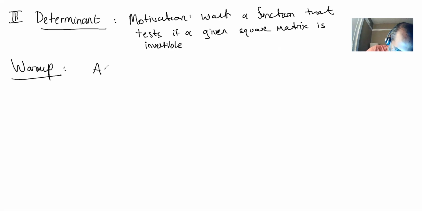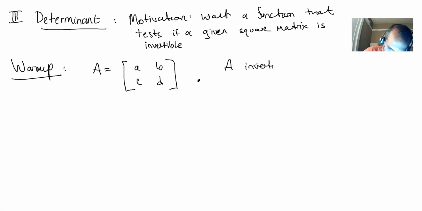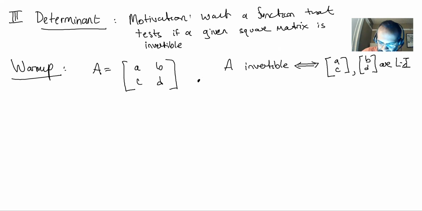Let's consider a 2 by 2 matrix with entries A, B, C, D. I want to define a function that checks whether this matrix is invertible. Well, A is invertible if and only if its columns are linearly independent. For two vectors, it's pretty easy to check when they are linearly independent.